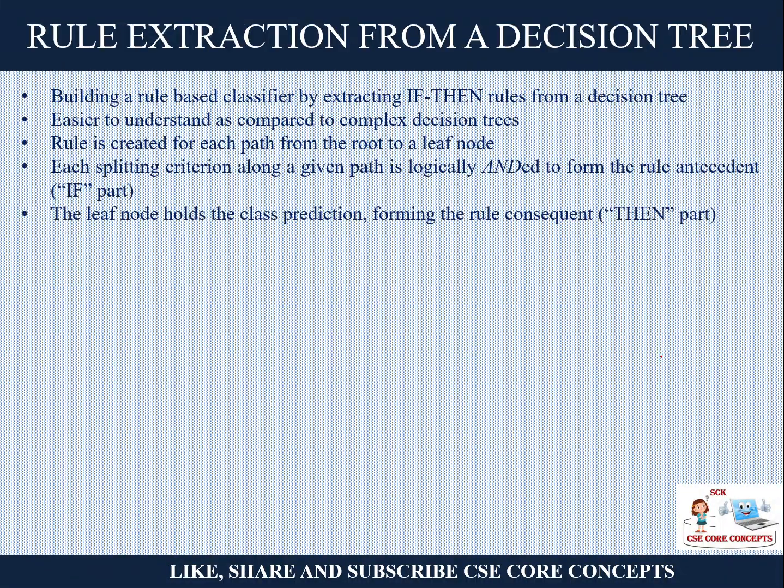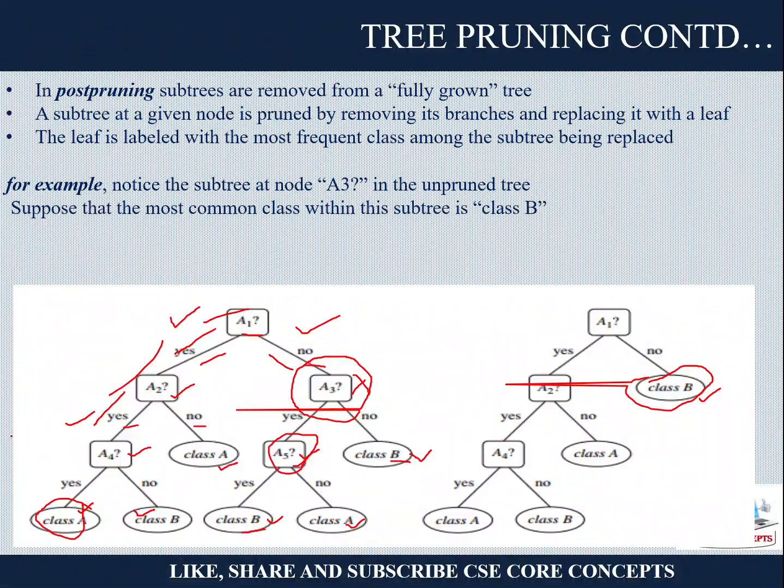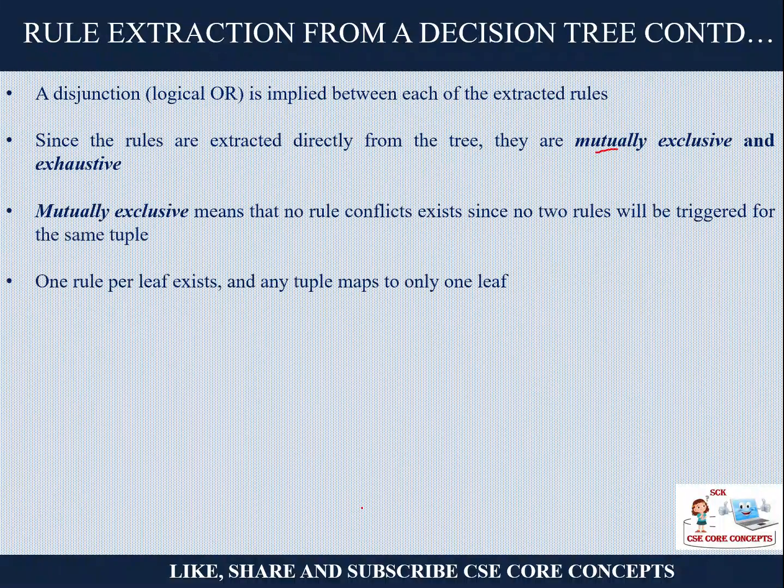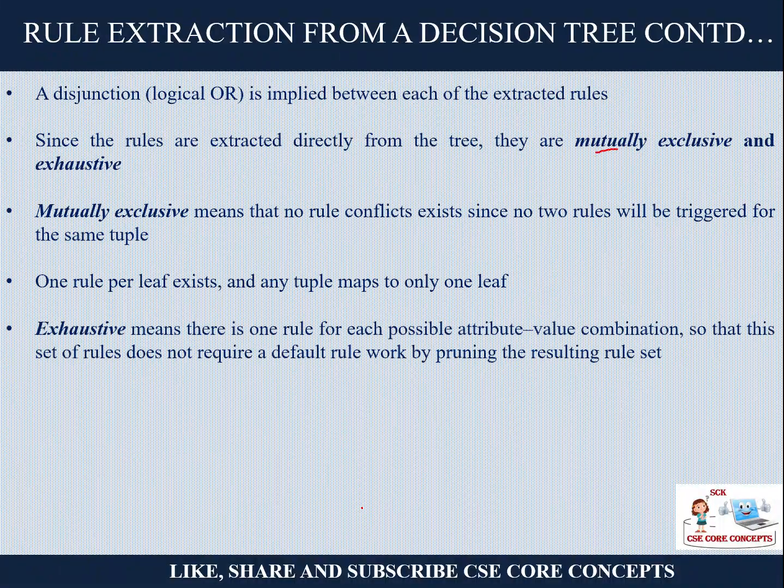For this class A tuple, what is the rule? If A1 yes and if A2 yes and if A4 yes, then class A. Then what will be for this class? If A1 yes, if A2 no, then. So the same rule is not there. Although both belong to class A, the same rule will not be created. They are called mutually exclusive.